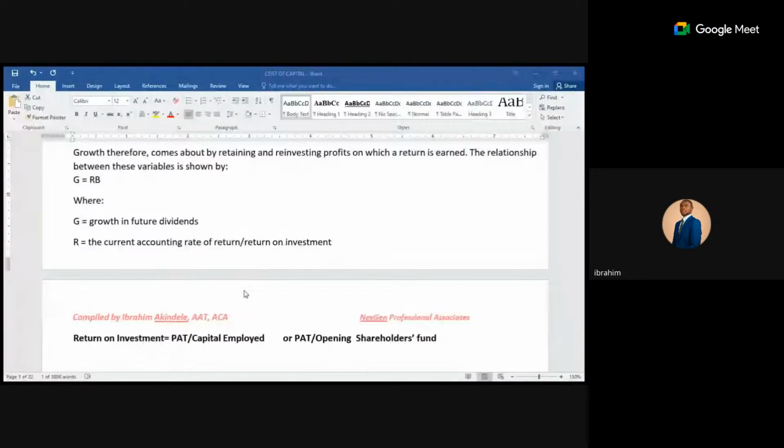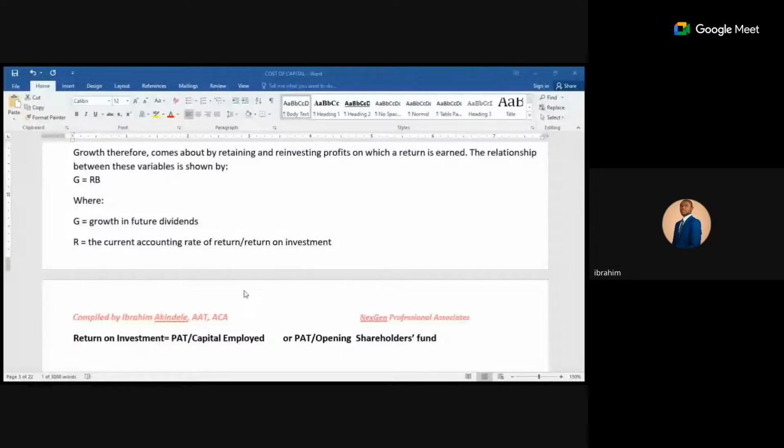Gordon's growth model assumes that dividend will grow to perpetuity. One, it makes use of accounting profit. That is why G equals growth in the future dividend, where the formula is R times B. Now, class, R is equal to return on investment.